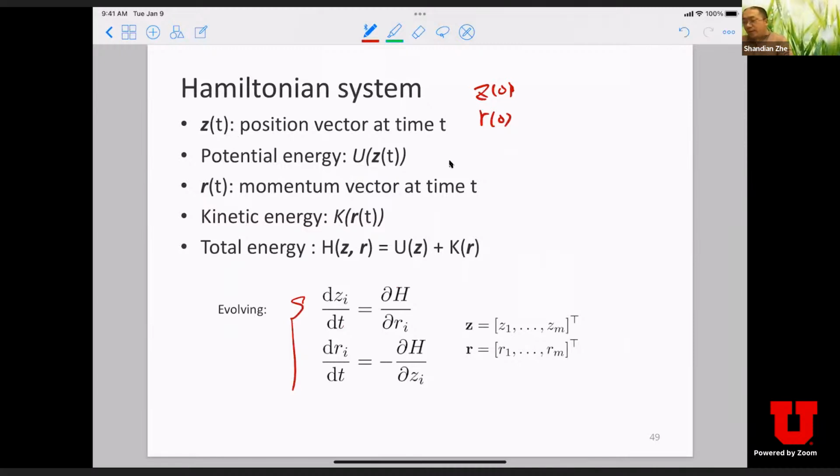For every element of your position vector, say the ith element z_i, the time derivative, namely the change rate of the ith position coordinate, is the partial derivative of your total energy with respect to the ith momentum.